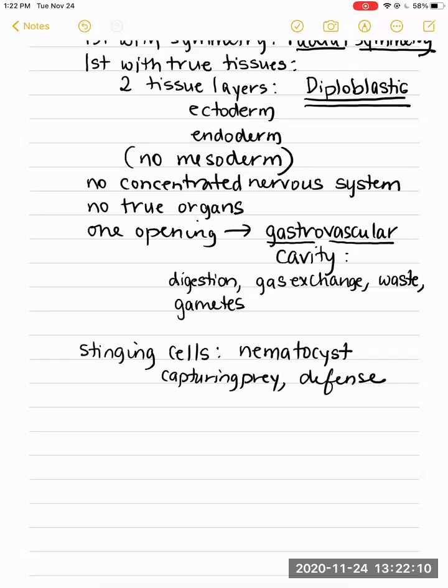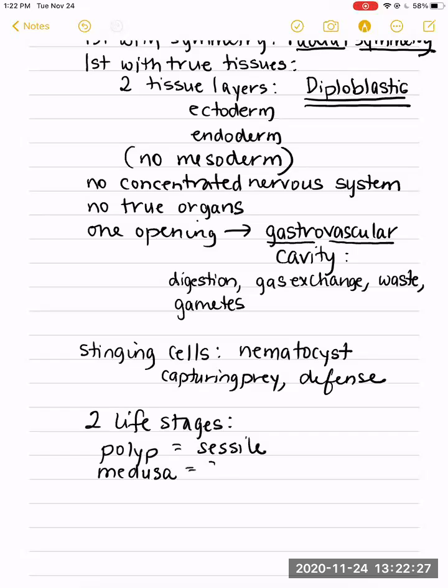And then, as I mentioned a couple of minutes ago, there are two life stages in the cnidarians. There's what's called the polyp and what's called the medusa. The polyp is sessile, meaning it doesn't move, whereas the medusa is free swimming. Some cnidarians are polyps as juveniles, and then the medusa stage is the adult. In some, it's the other way around.